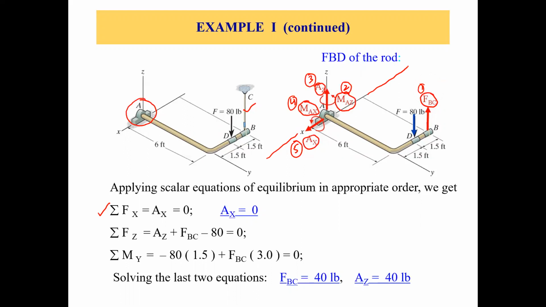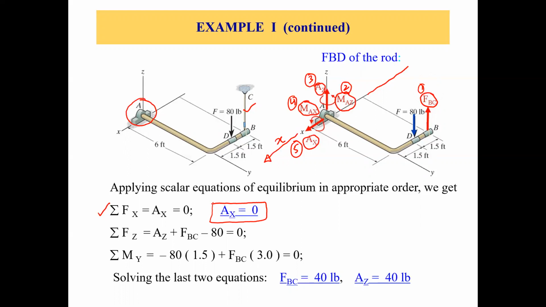So what do we have in x direction? There's no force, so there's only one support reaction, that is A sub x. So A sub x equals 0. So we get one support reaction, or one unknown, done already.